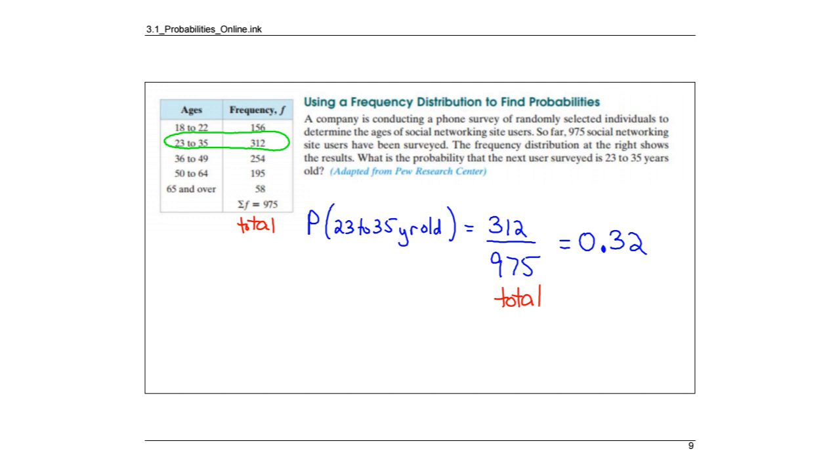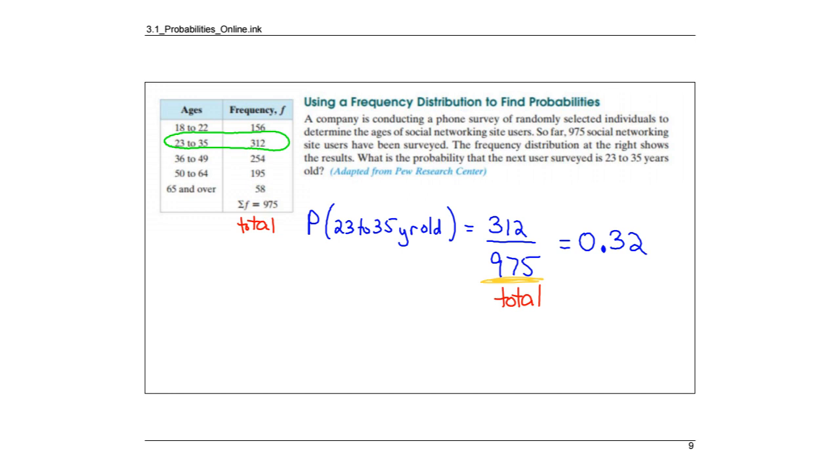So this survey is showing the ages of people who use social networking sites. They surveyed 975 people, so that would be in the denominator. The frequency distribution is shown in the table. What is the probability that the next user surveyed is 23 to 35 years old?